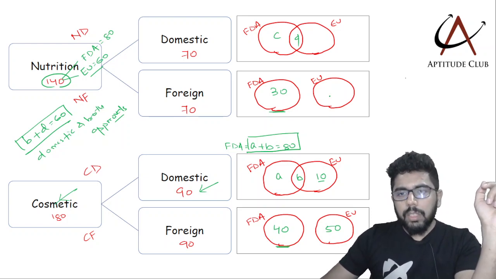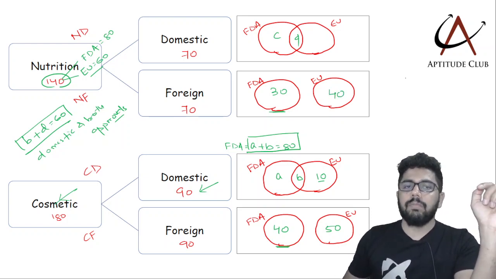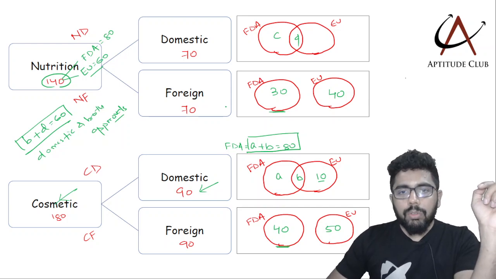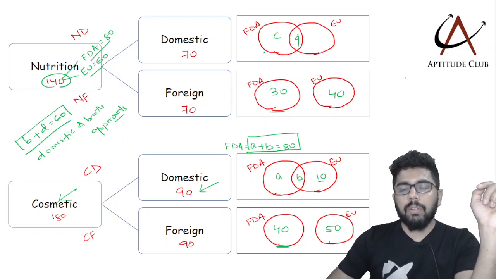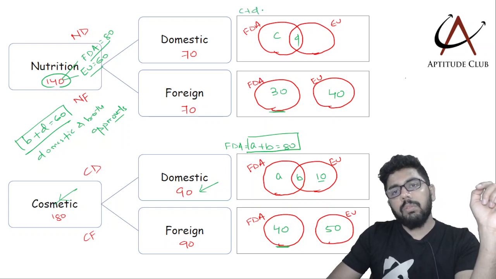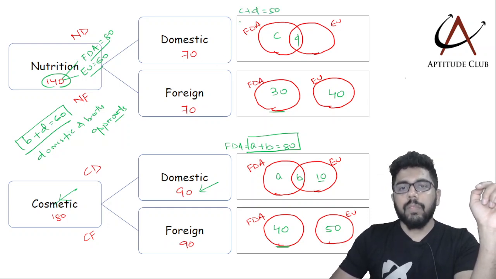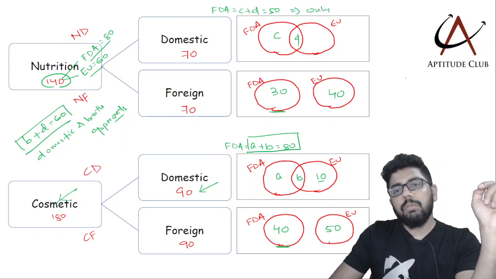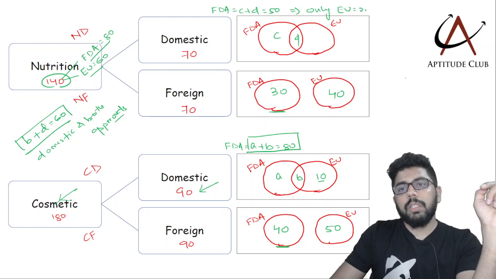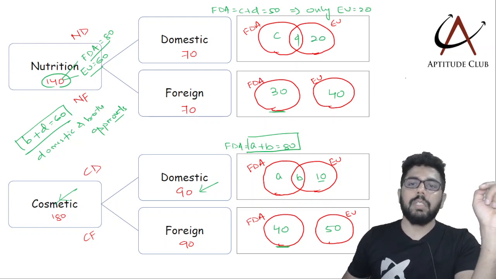And if this is 30 now, this is 40. I know total FDA approved in case of nutrition is 80, out of which 30 are foreign. That means C plus D, domestic has to be 50. C plus D, it is 50. FDA approved. This implies only EU will be 20. So this part is 20.